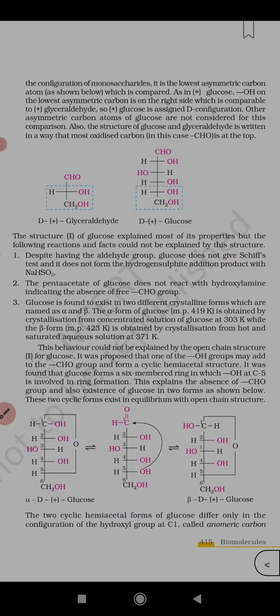If there is a difference at the lowest chiral carbon, then we have capital D and capital L configuration. But here the cyclic hemiacetals of glucose differ only in the configuration of the hydroxyl group at C1, which is called the anomeric carbon, the aldehyde carbon before cyclization.